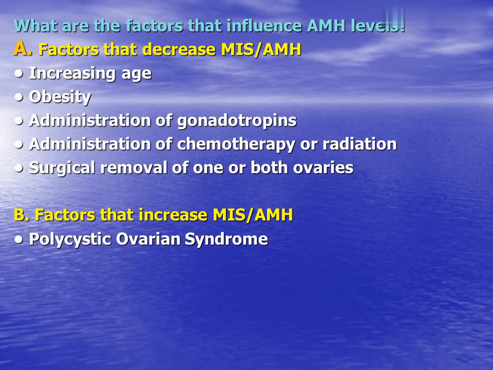What are the factors that influence AMH levels? A. Factors that decrease MIS/AMH: increasing age, obesity, administration of gonadotropins, administration of chemotherapy or radiation, surgical removal of one or both ovaries.